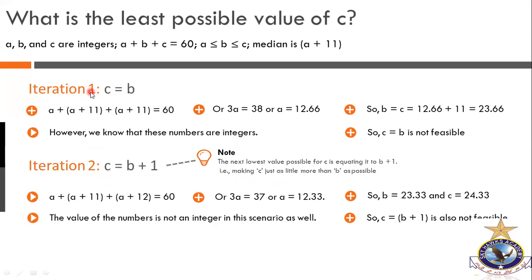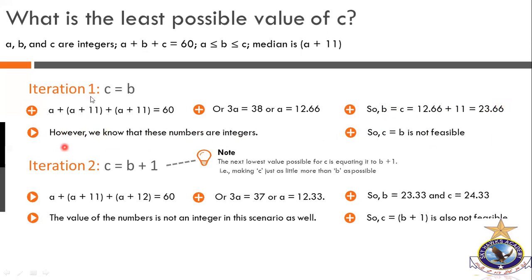The first one was this, and we were proceeding in the last slide just like this, calculating this value. We were putting B is equal to C, and we are getting this value. However, we know that these numbers are integers, and so C is equal to B is not feasible.